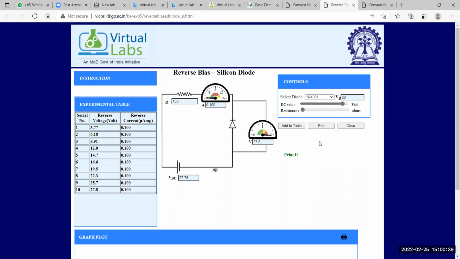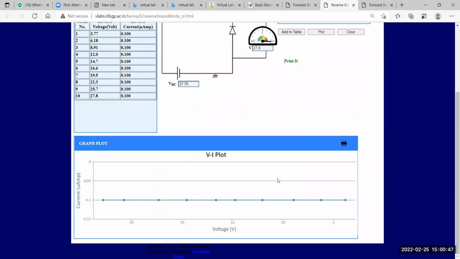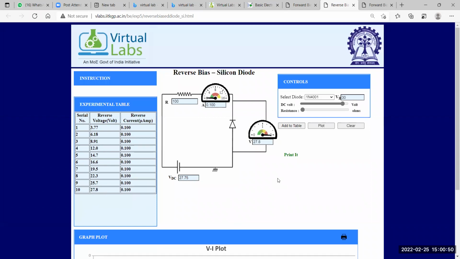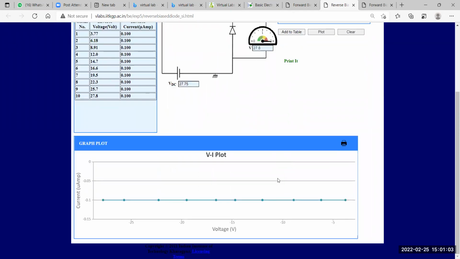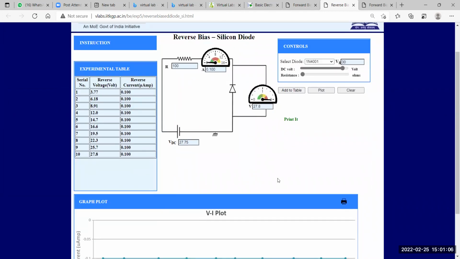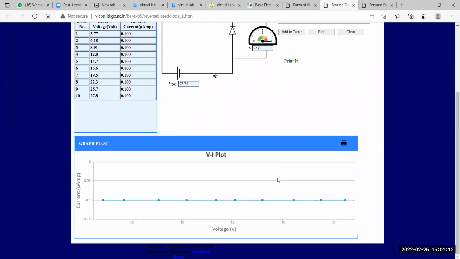Now, the next point is we will go through the graphing plot. These are the reverse bias silicon diode. In the reverse bias condition, there is ideally no current.